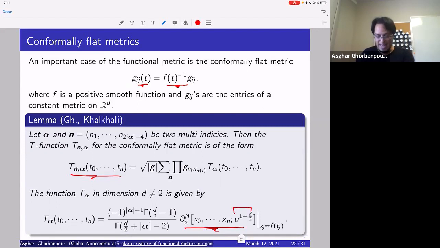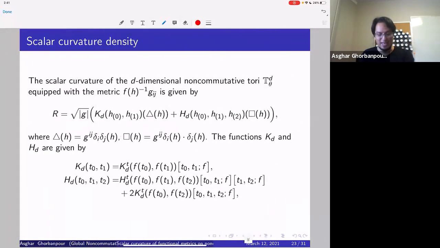Using that, now we can find the density for the second term, and we call that the scalar curvature density. Yes, and that is now given in this form. Note that I didn't restrict my dimension to 2.